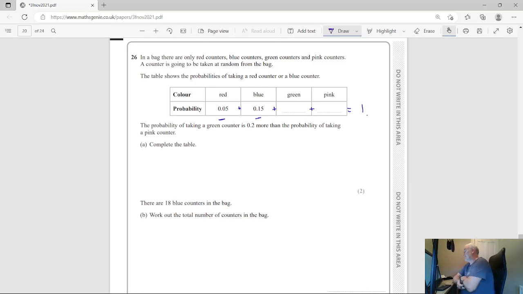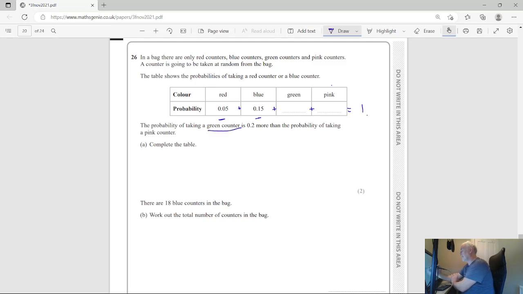The probability of taking a green counter is 0.2 more than the probability of taking a pink counter. So if we took a pink one, that's going to be 0.2 less than taking a green one.